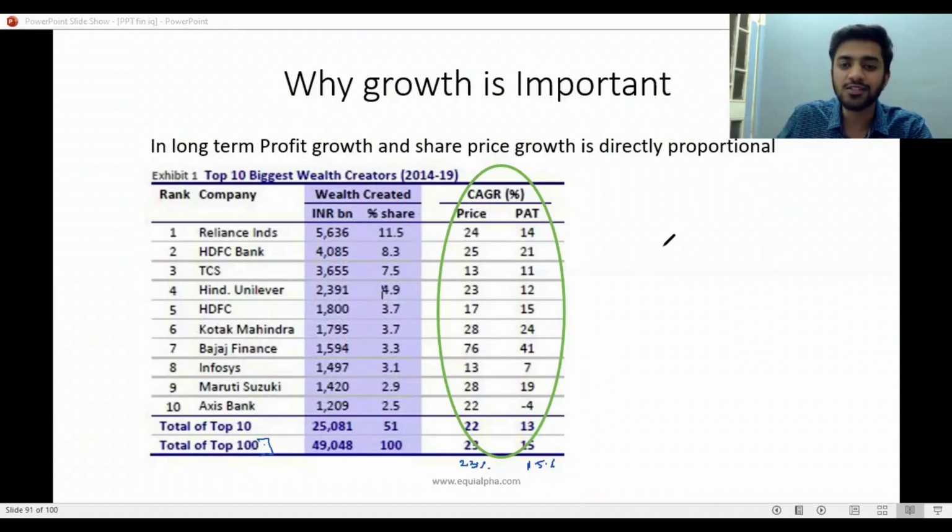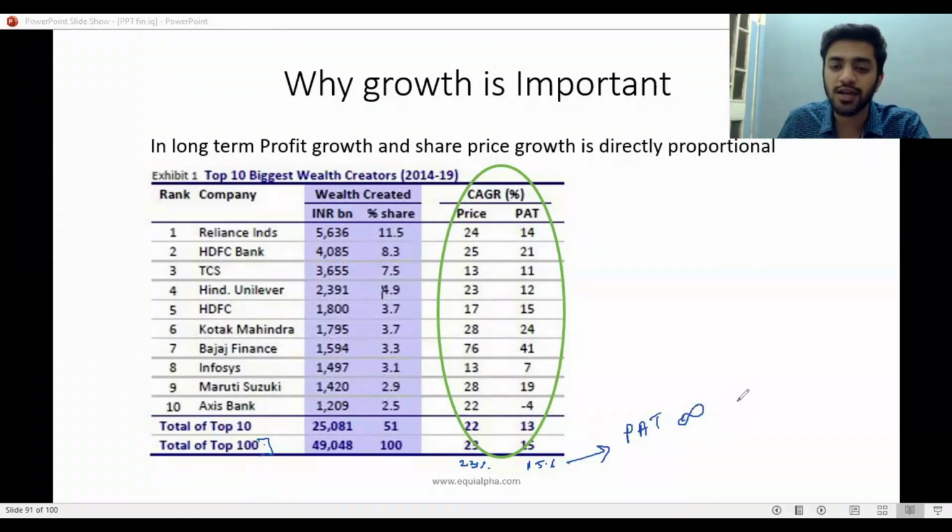What you can understand is that historically, 15% was the average profit growth rate, and the price of these companies grew by 23% on average. I'm talking about the average, about the masses, which gives you an understanding that this too is directly proportional.